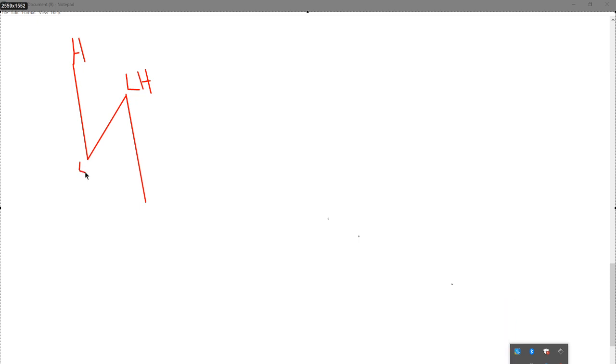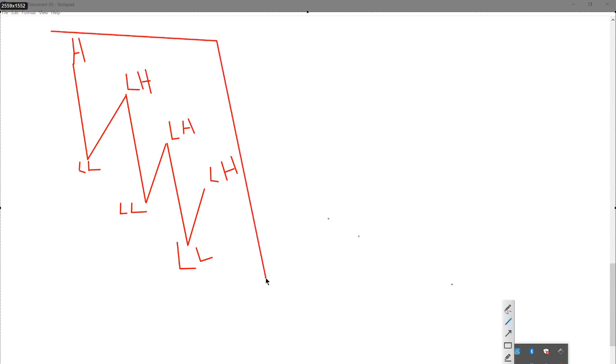It will be called a lower low. The market pulls back again, creates another lower high, then runs down, then comes back again. So these points will be called lower low, lower low, lower high. If the market is creating this kind of situation, it's in a bearish market. This is called a bearish market.